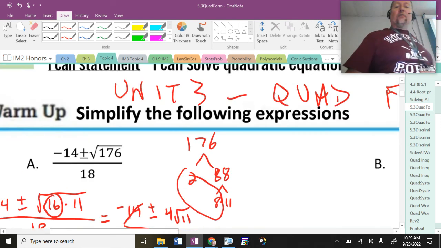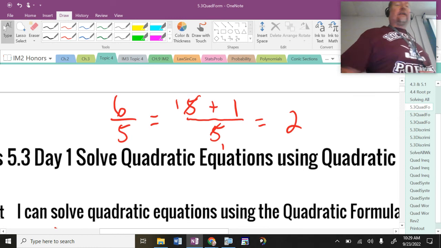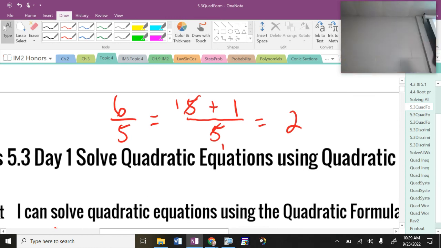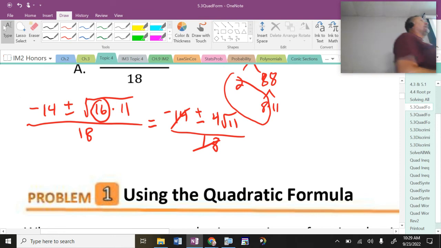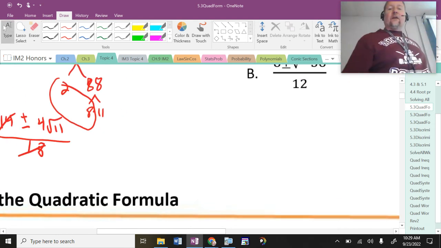From here on out, the rest of the year, that will be called a 6/5 equals 2 error.